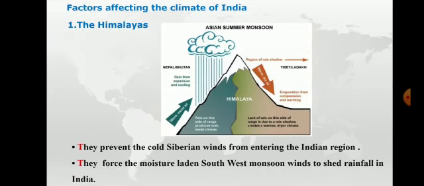Next, you can see they force the moisture laden southwest monsoon winds to shed rainfall in India. As you see in the picture, the southwest monsoon winds, coming from the southwest and carrying moisture from the Arabian Sea and Bay of Bengal, shed rain on the Western Ghats, cross the Aravalli and reach the foothills of the Himalayas.